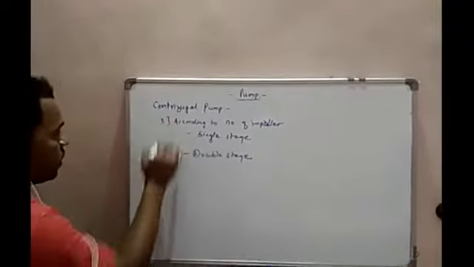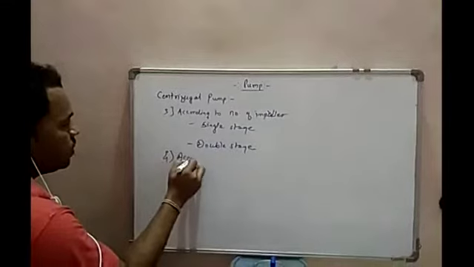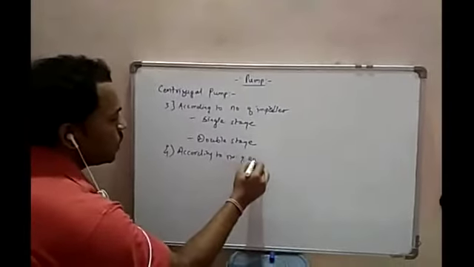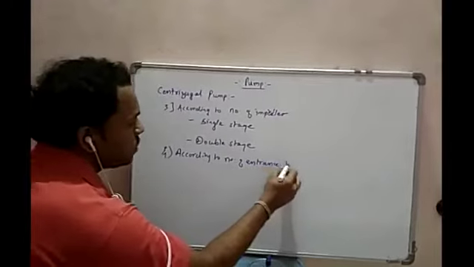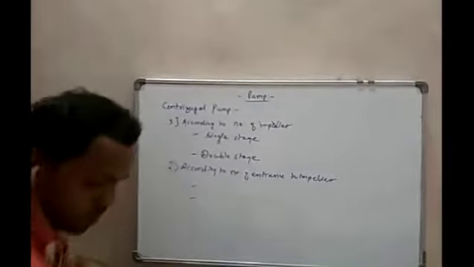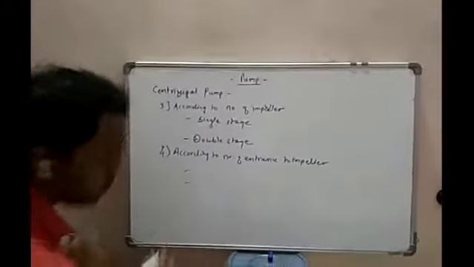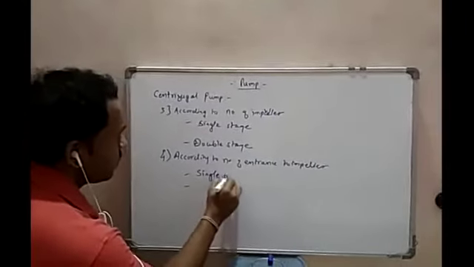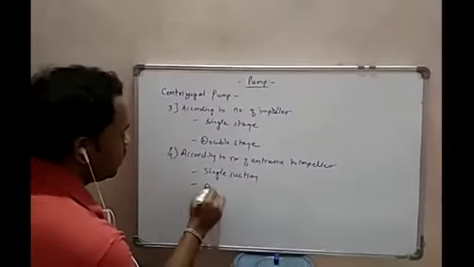Next, fourth classification is according to the number of entrances to impeller. Here there are again two types, that is single suction pump and double suction pump.